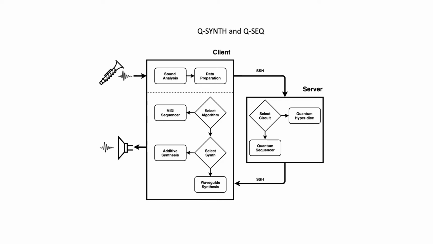To cut it short, the quantum computer runs two systems which I refer to as QSynth and QSIC. The server runs two programs, a simple quantum hyperdice and a sequencer. And the client runs sound synthesizers and a MIDI instrument.